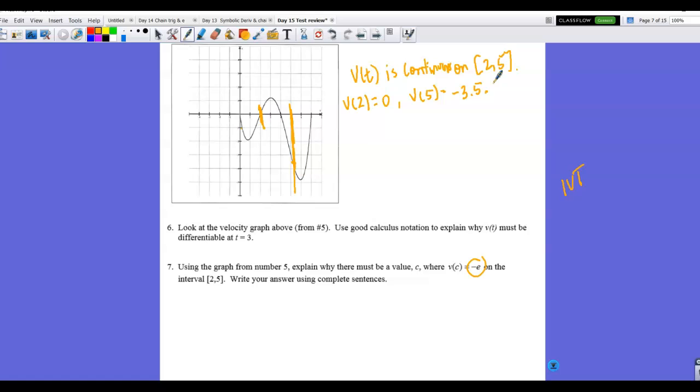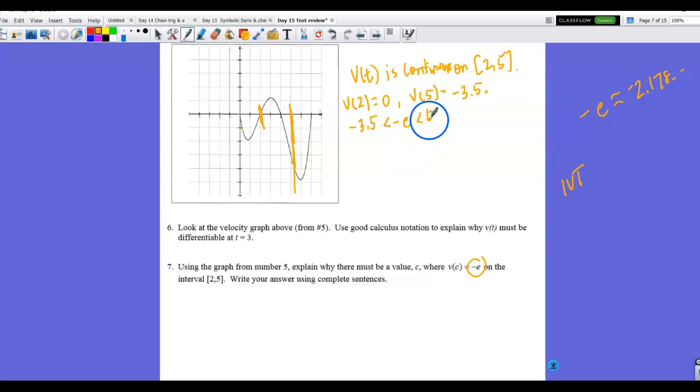So now I have the endpoint y values, and I have to ask myself, is negative e, which we said is approximately negative 2.178, is that between? And it is. So I'm going to say negative 3.5 is less than negative e, which is less than 0.